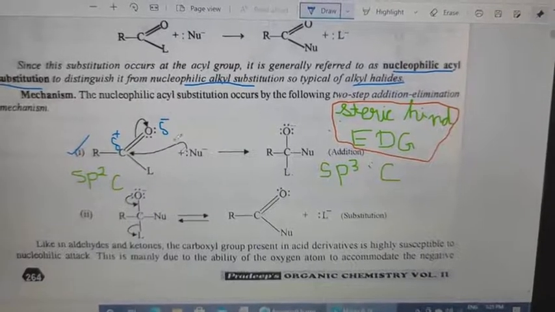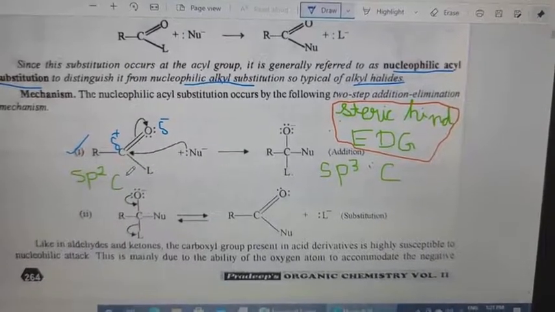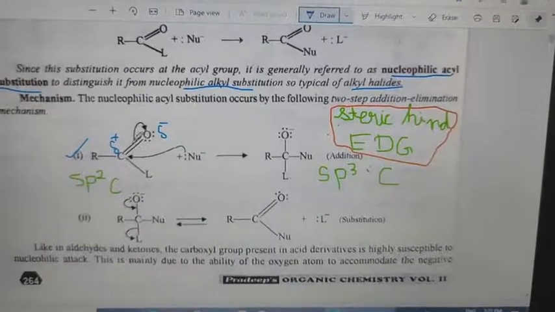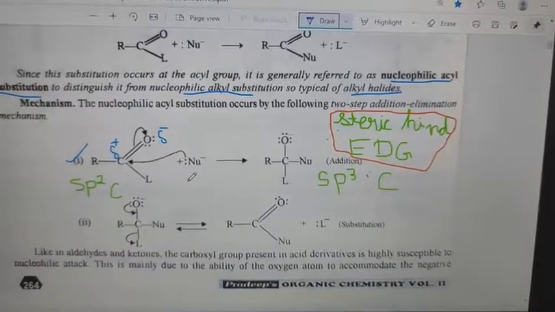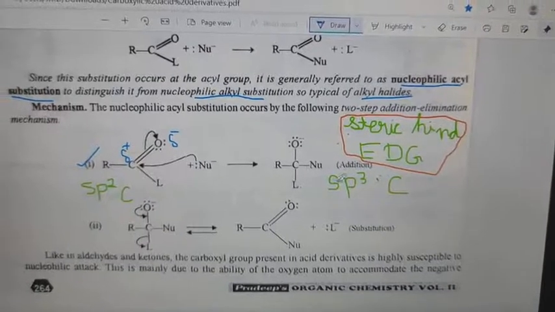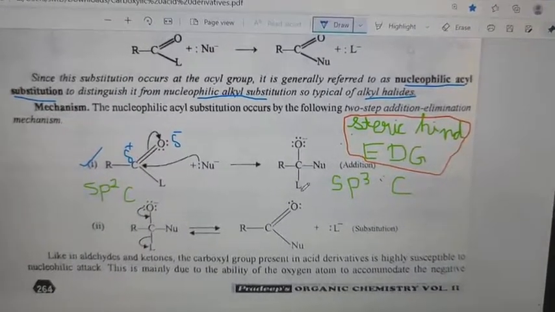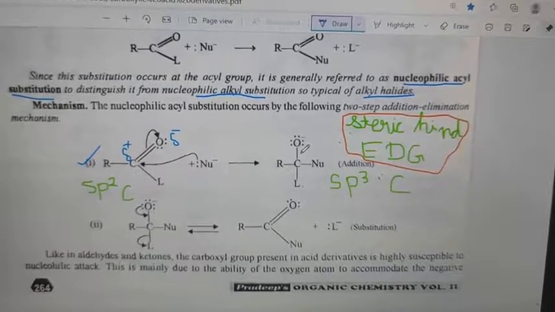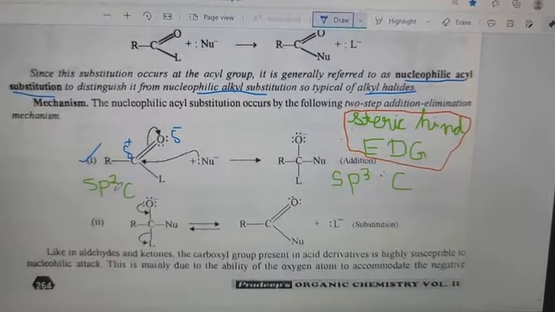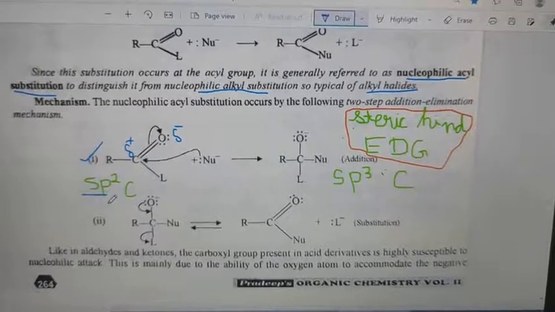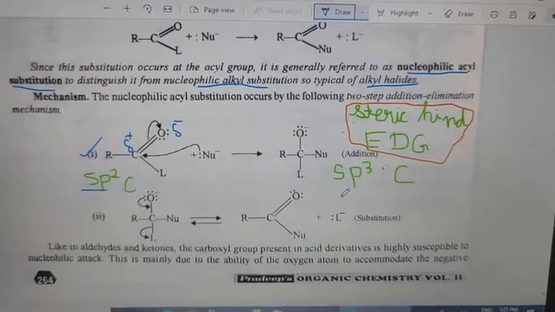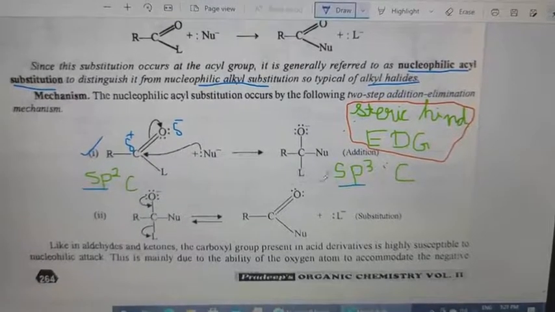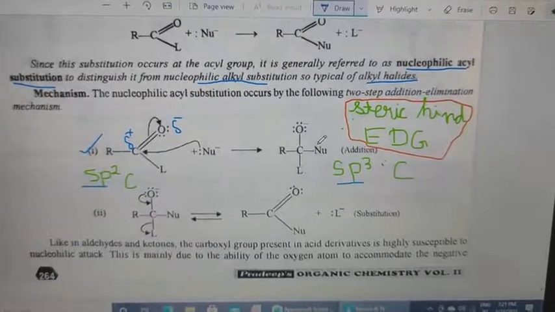Then the pi electrons of the carbonyl group shift toward the oxygen and we get an addition compound where the nucleophile is attached to carbon and oxygen gains a negative charge. This sp2 hybridized carbon converts into sp3 hybridized carbon, meaning it converts into a tetrahedral structure from the previous structure.